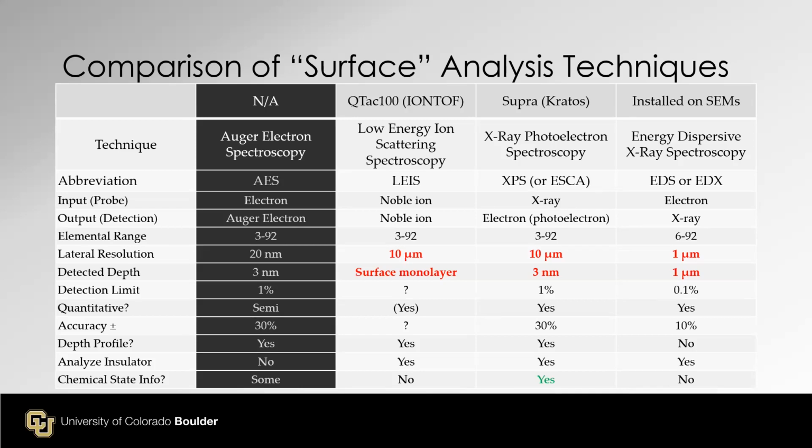The XY resolution, 10 micrometers. That's the smallest spot possible. About the same as XPS. But it has a limitation because in this instrumentation, we cannot focus the ion beam too small.